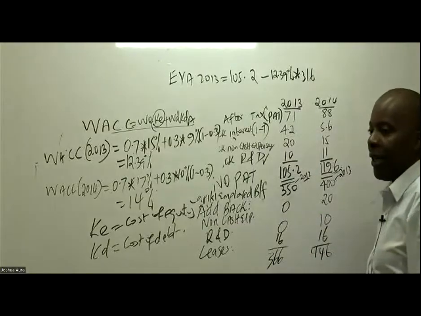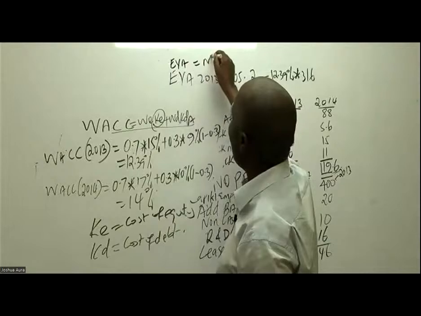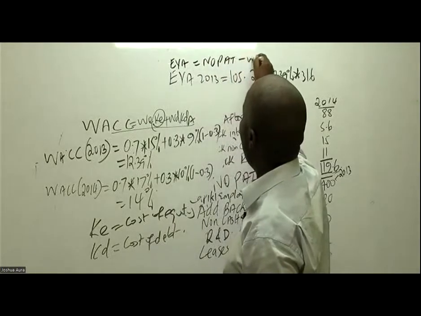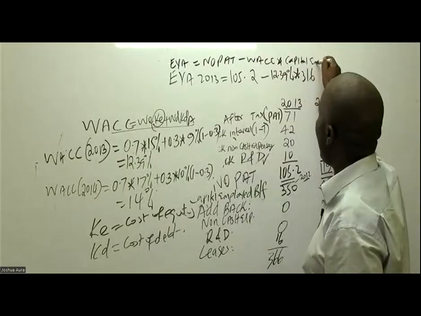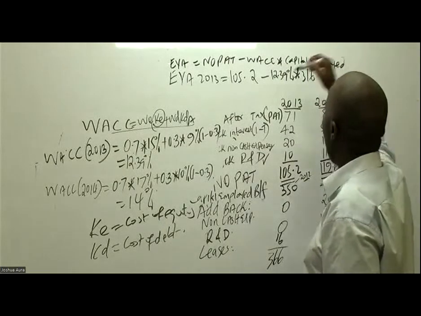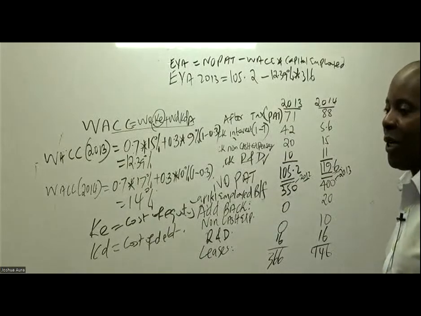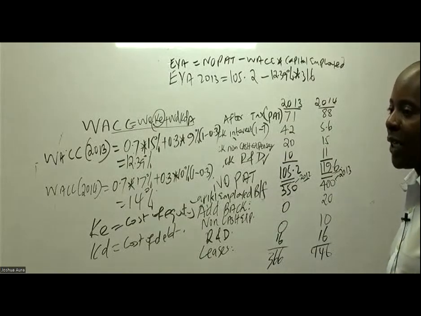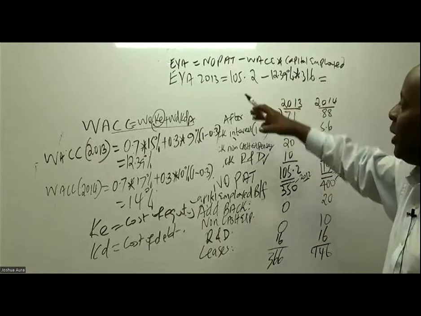Remember the formula of EVA: you take NOPAT minus WACC times capital employed. So please ensure that you use your calculator very well to give me this answer.